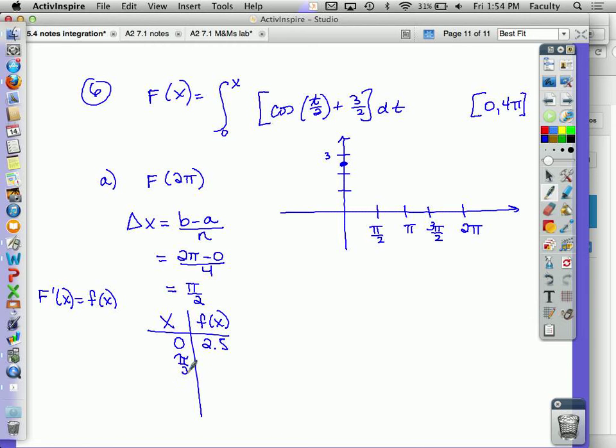If I plug in pi over 2, that's the cosine of pi over 2 over 2 plus 3 halves. Well, that's pi over 4, which is radical 2 over 2 plus 3 halves. So radical 2 is around 1.4.